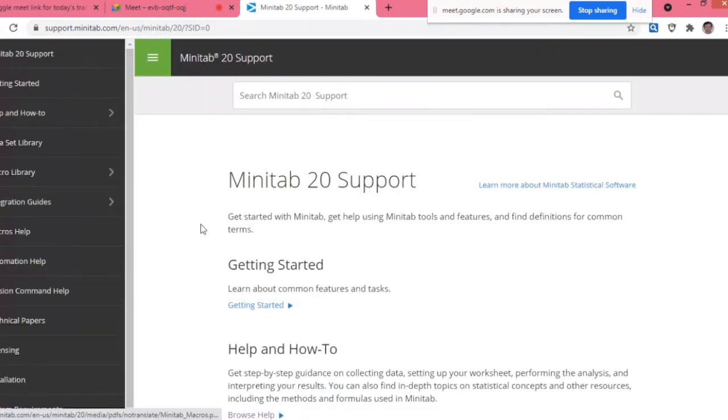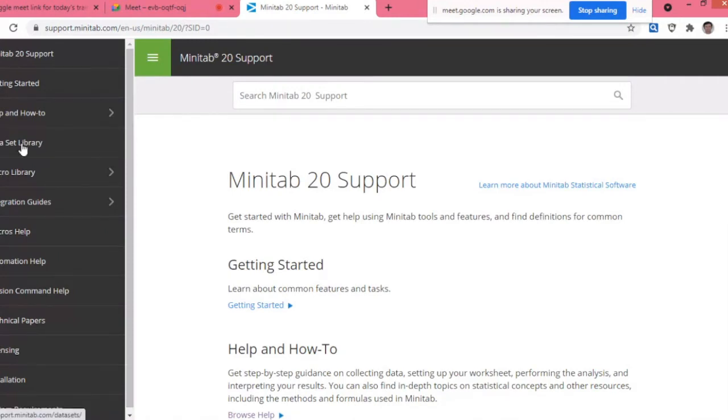So please make sure that you are connected to the internet. Unless you are connected to the network, this will not open. Is everyone on this page? Hello. Yes, sir. Carry on, sir, carry on.